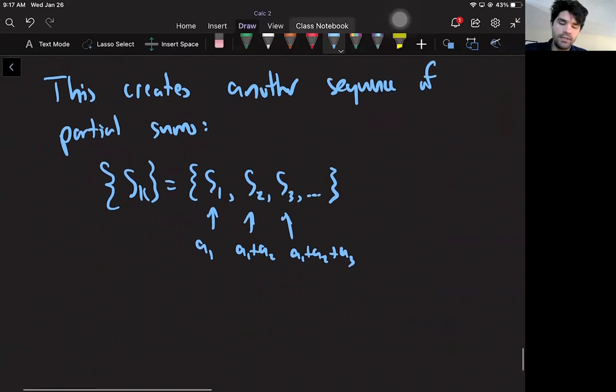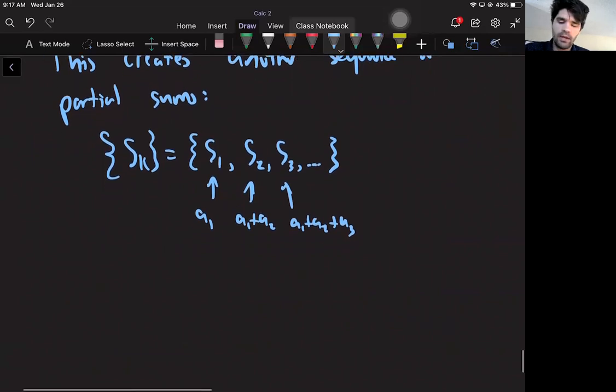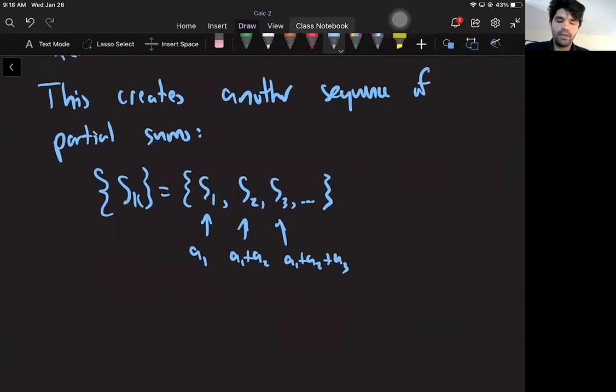So this sequence, we know how to deal with sequences. So what we really care about is if this sequence converges, then that is what it means to be able to add up infinitely many things. So this sequence is just a bunch of things added together that get bigger and bigger.